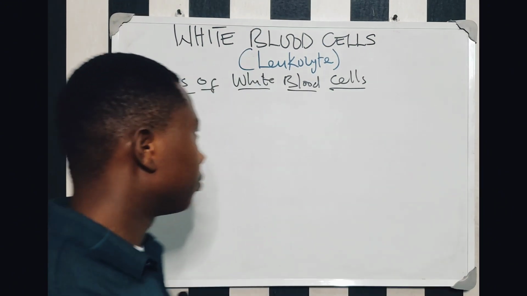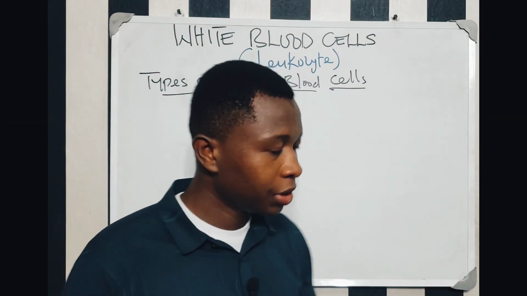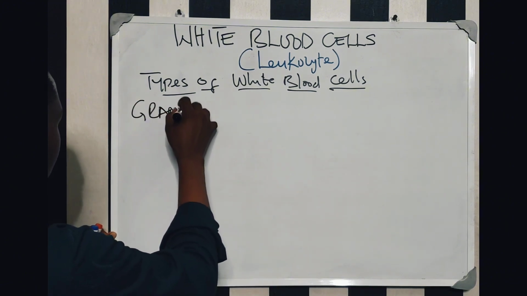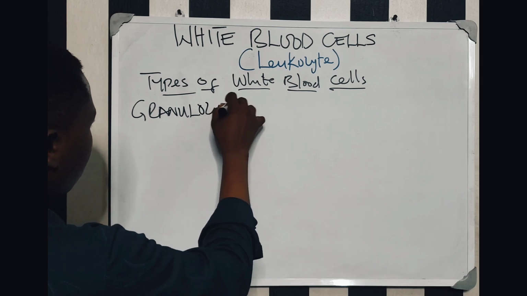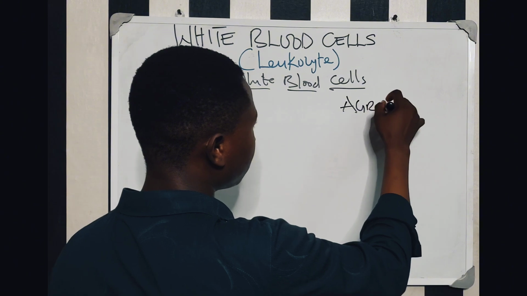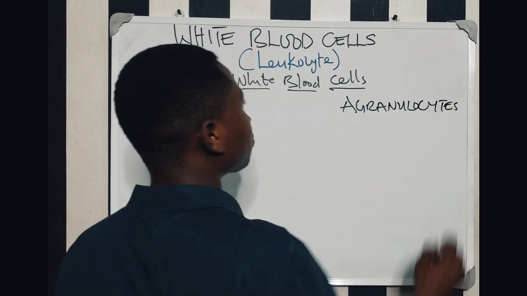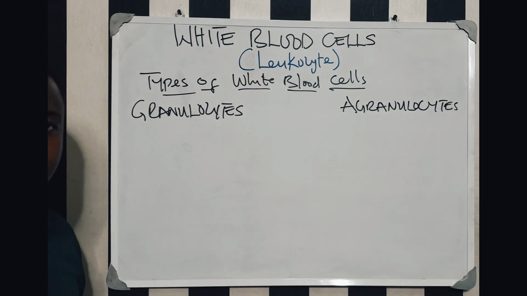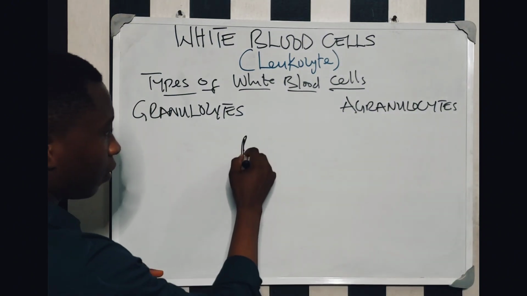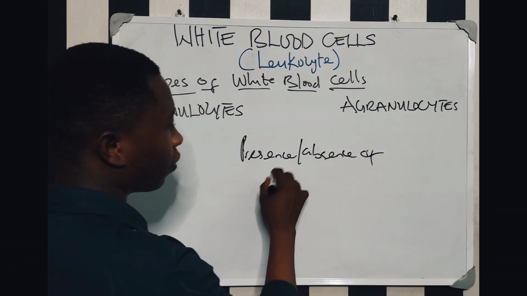Looking at the types of white blood cell, the white blood cell is divided into 2 main categories. We have the granulocytes and the agranulocytes. Now, this distinction is as a result of the presence or absence of granules.